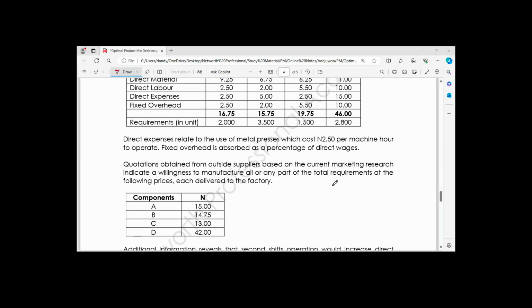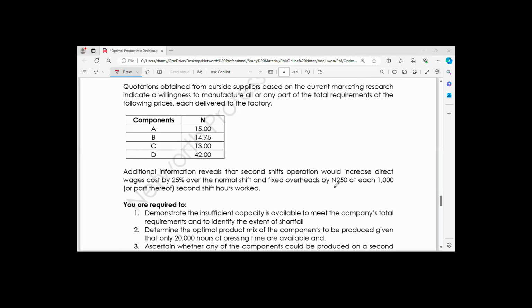Quotations obtained from outside suppliers based on the current marketing research indicate a willingness to manufacture all or any part of the total requirement at the following prices, each delivered to the factory. Additional information reveals that second shift operation would increase direct wages costs by 25% over the normal shift and fixed overhead by 250 naira at each 1,000 second shift hours worked.